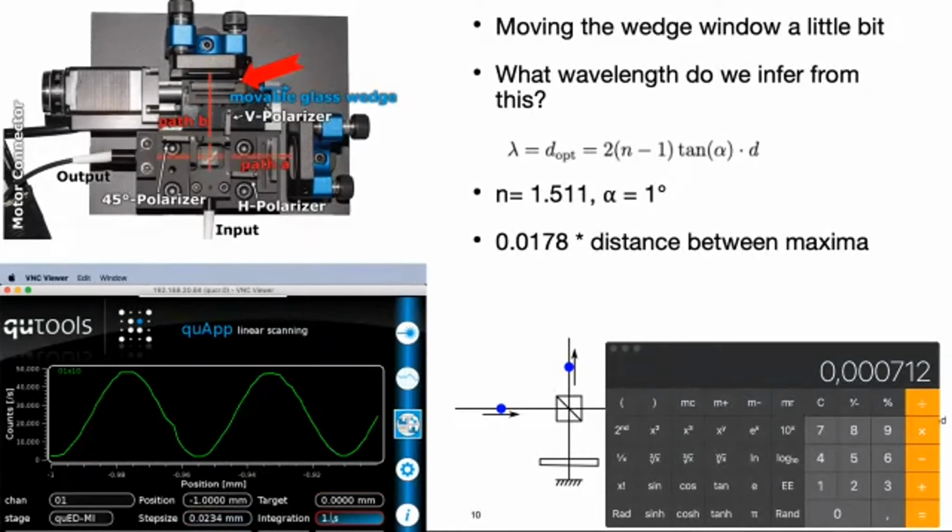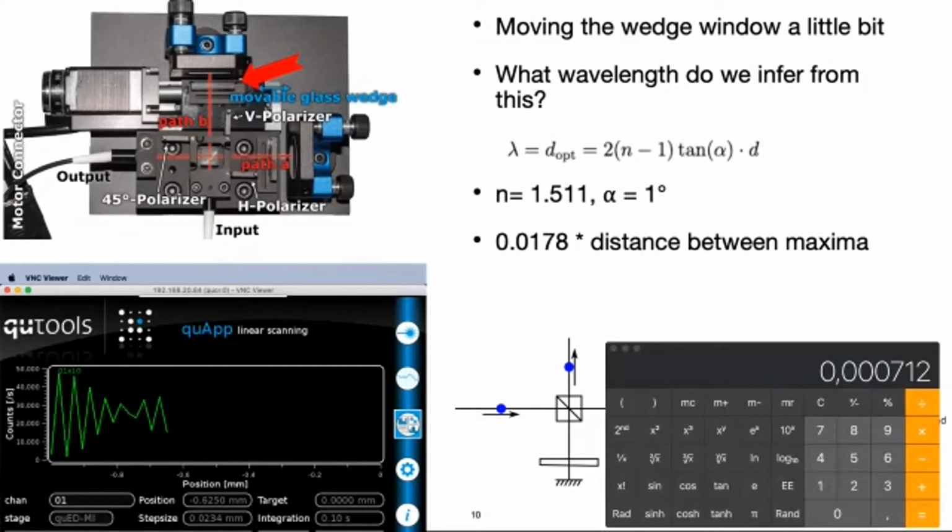We don't have to look into that very carefully, but then I will start a longer measurement, and we will see what can happen if we go for a longer scan over a broader range. Maybe we can also already think about what we think might happen.